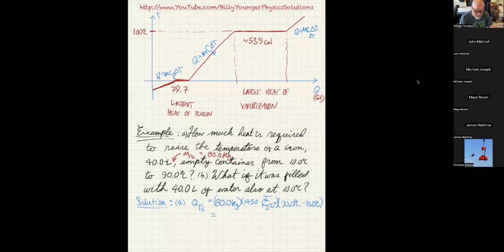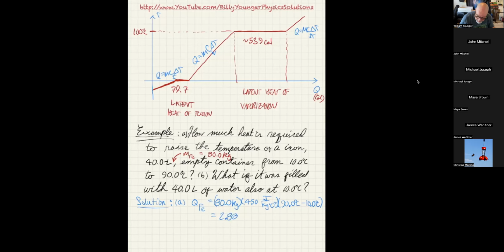That's pretty straightforward. I'm going to say 80, and that 80 is probably pretty low for the actual mass of this, but still it's good enough. We'll say 80 times 450 times 90 minus 10, which is another 80. So that's going to be 2.88 times 10 to the 6.